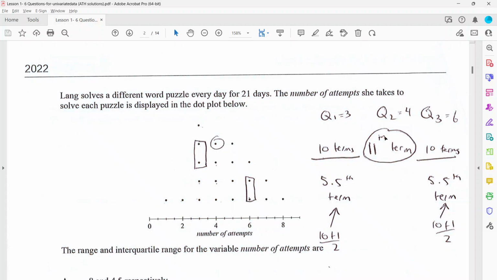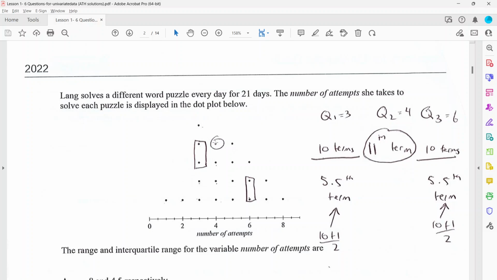And then to keep it equal, 10 terms on the left of that median and 10 terms on the right of that median. So in total we have 21. So 10 terms, 1 term, and then another 10 terms makes 21. Okay, so we know that the median is the 11th term, so I'm just going to count 11 terms. 1, 2, 3, 4, 5, 6, 7, 8, 9, 10, 11.